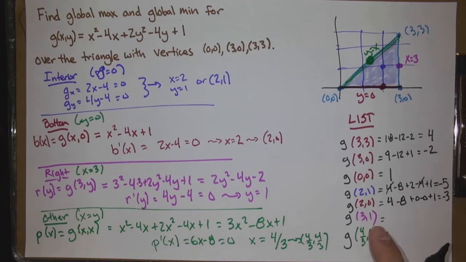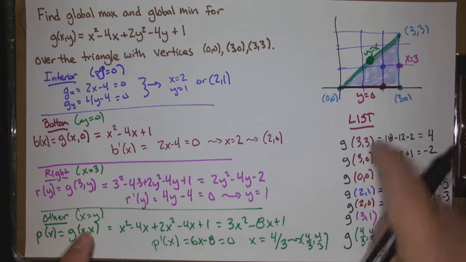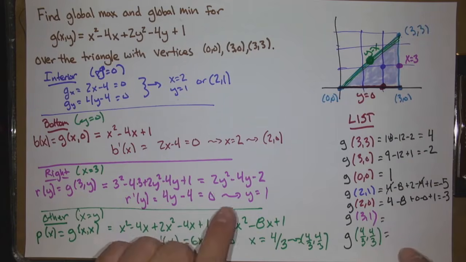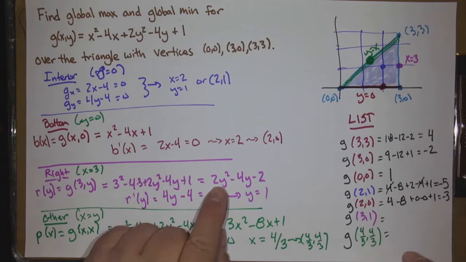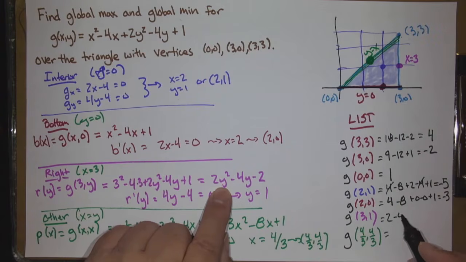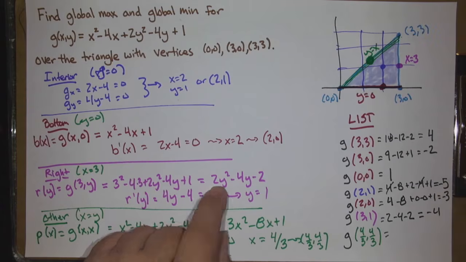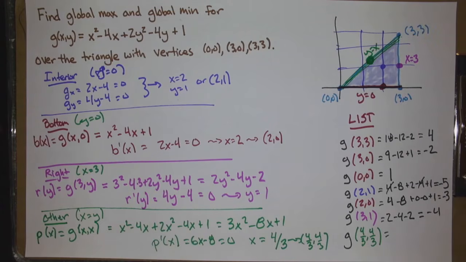3, 1. Well, I'll take advantage here. We have the right-hand side, so I can plug in y equals 1 into here. Get 2 minus 4 minus 2, which is negative 4. And 4/3, 4/3 is a number. No, we should work it out.